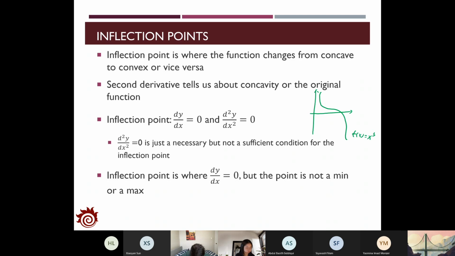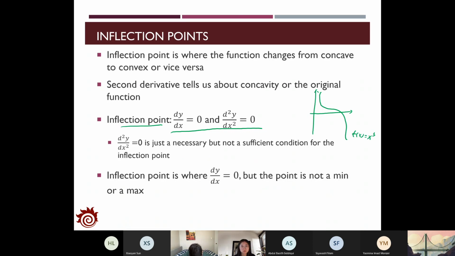If you find dy over dx is 0 and the second order derivative is 0, you can claim that it's an inflection point. But this is just a necessary condition, not a sufficient condition.